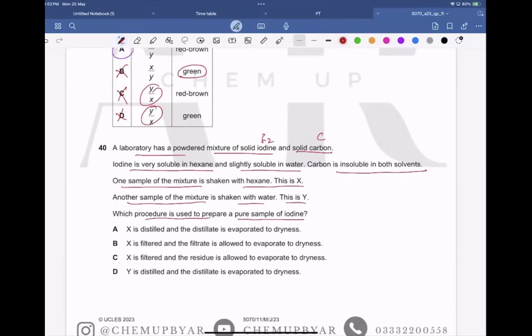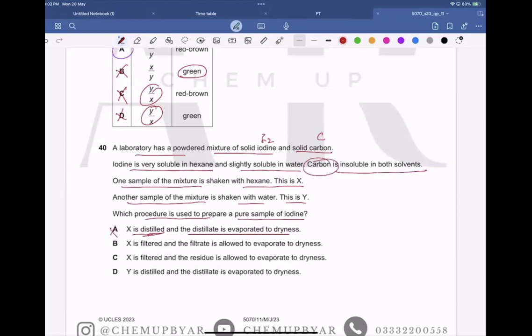Carbon in X is distilled and the distillate is evaporated to... no, because iodine has a low boiling point. No, we can't distill it because carbon is insoluble.